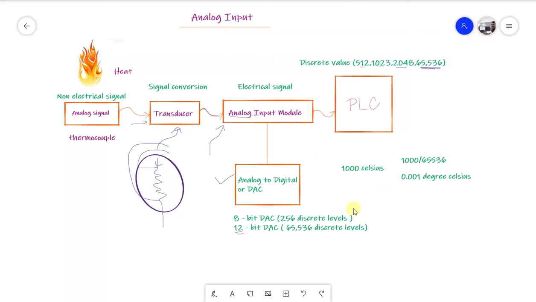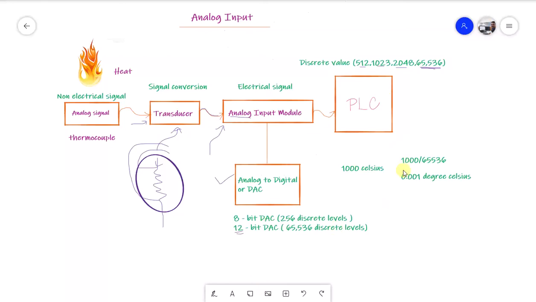Say for example, if we have an 8-bit DAC, what happens? 8-bit means, I think it is 256.